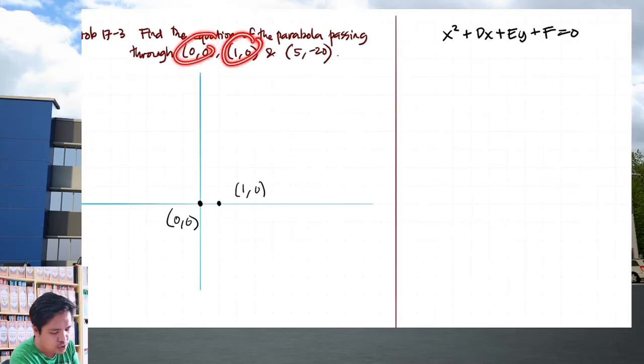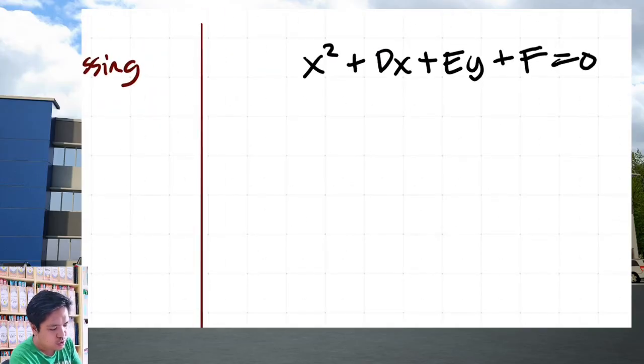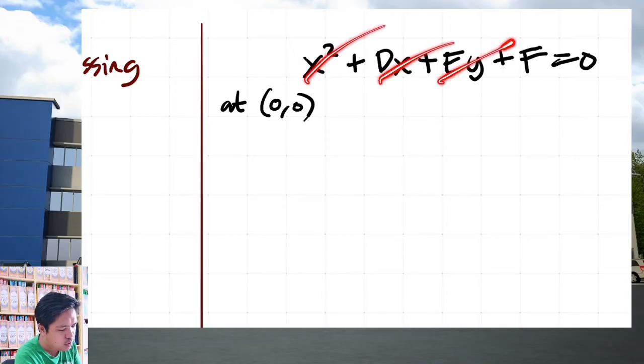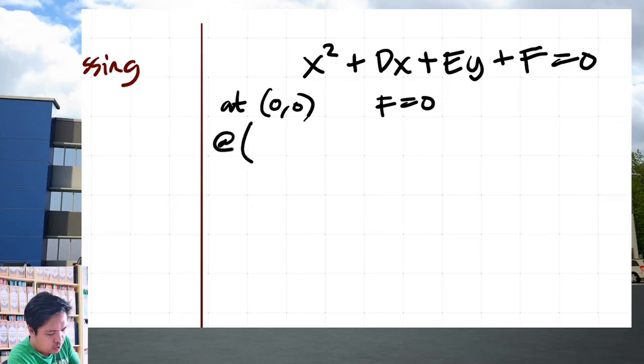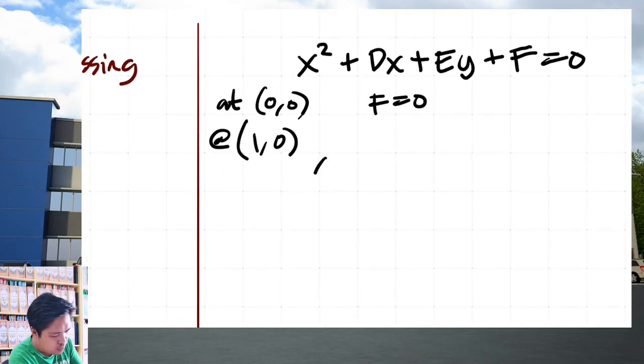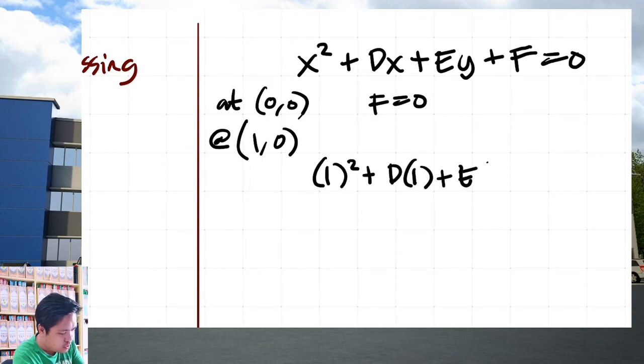So, these are now the conditions. At (0, 0), so that means x is 0, y 0, cancel out. That means f is equal to 0. Now, if we look at the point (1, 0), it passes through (1, 0). That would become 1 squared plus d times 1 plus e times 0 plus f is 0. That would be equal to 0. So, therefore, we have 1 plus d equals 0.